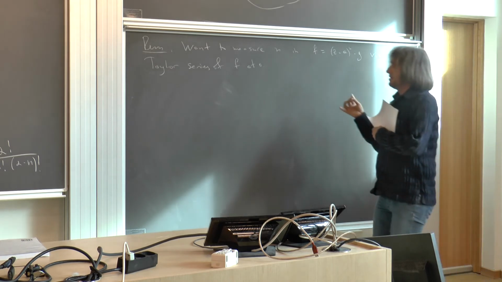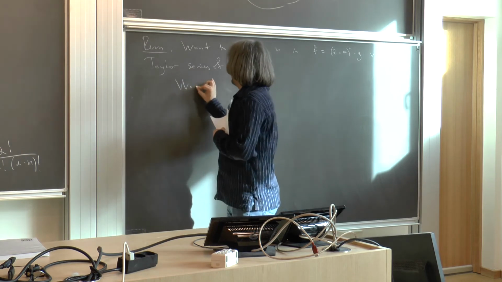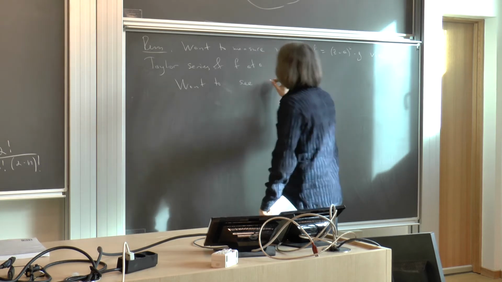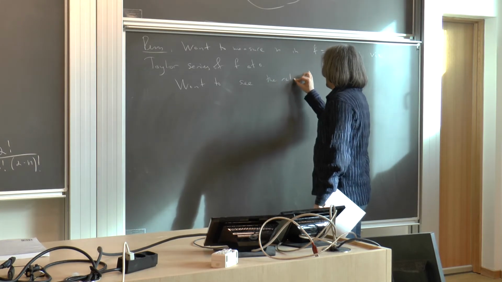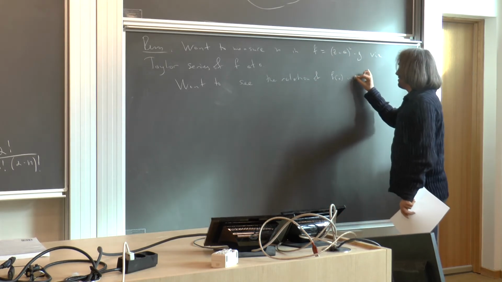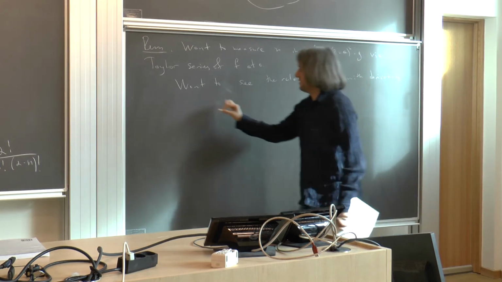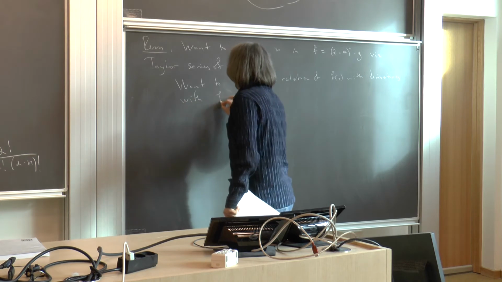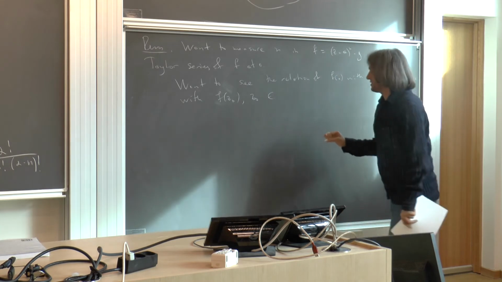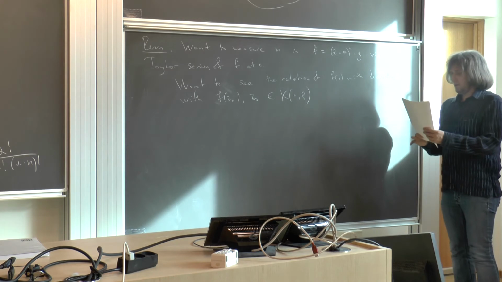So let's write these expressions. We want to see the relation of f of a with derivatives with some other f of z naught, where z naught is another point in this disk K(a, rho).